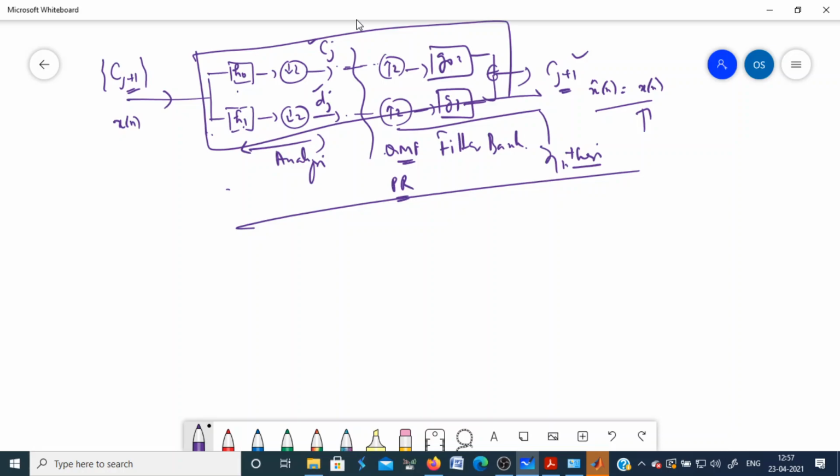And finally, you will conclude that in this design, we have to design only one filter, that is h naught of n. And once you design this filter, the filters h1 of n, g naught, and g1 of n can be directly obtained from this filter, for this structure to be a perfect reconstruction filter bank.